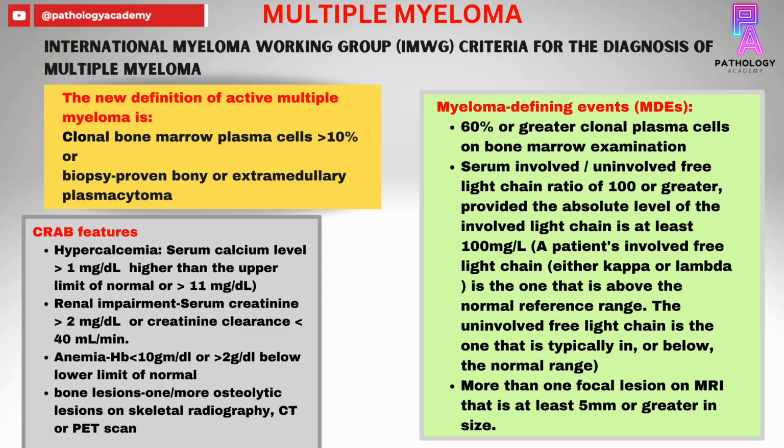These myeloma defining events are 60% or greater clonal plasma cells on bone marrow examination, serum involved to uninvolved free light chain ratio of 100 or more, provided that the absolute level of involved light chain is at least 100 mg per liter, and more than one focal lesion on MRI that is at least 5 mm or more in size.